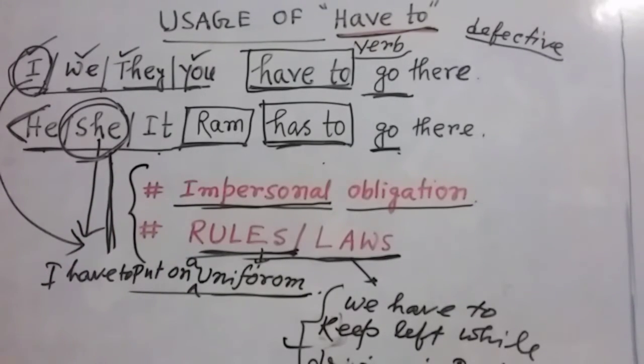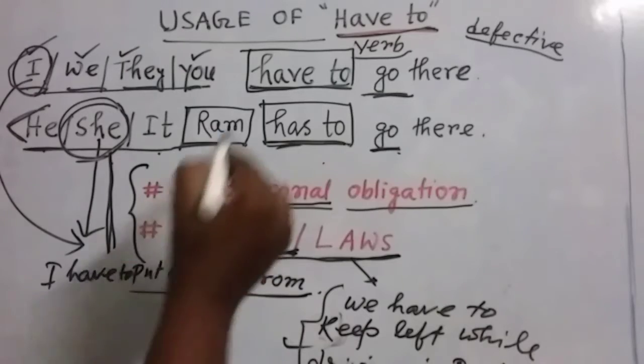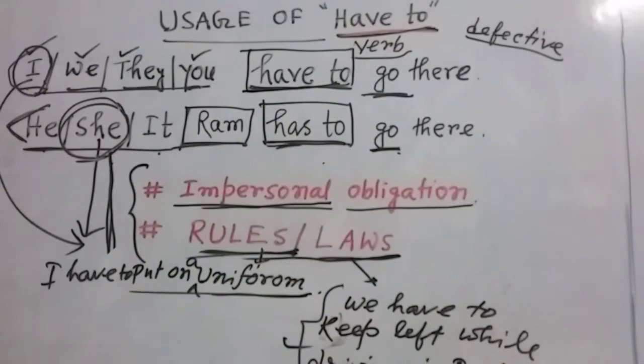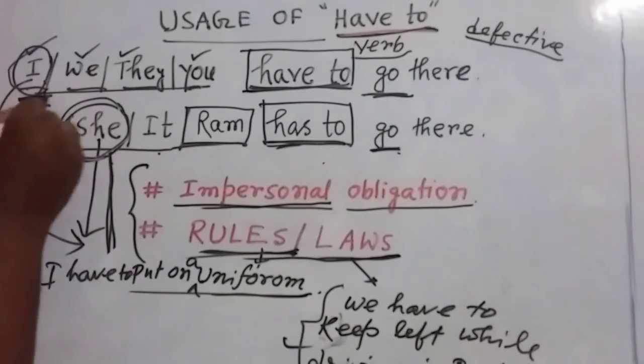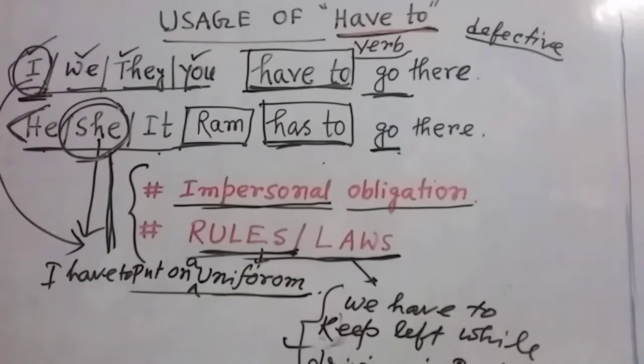the term have to is used. So my dear friends, we can say that the usage of have to is one kind of objective obligation. It is not subjective obligation. That means the subject is not interested to perform these activities.